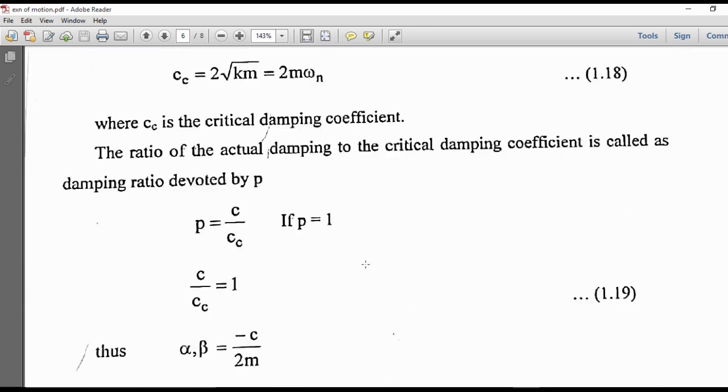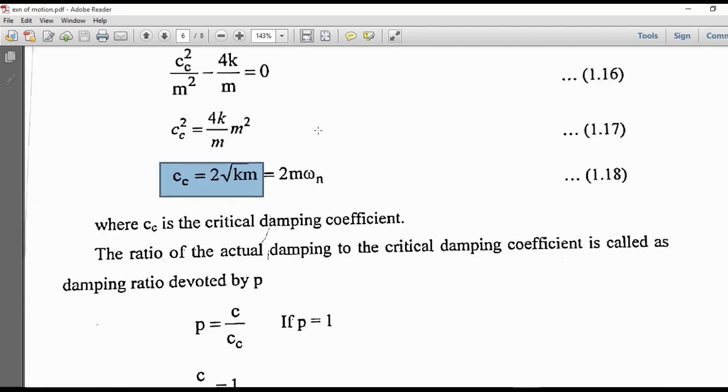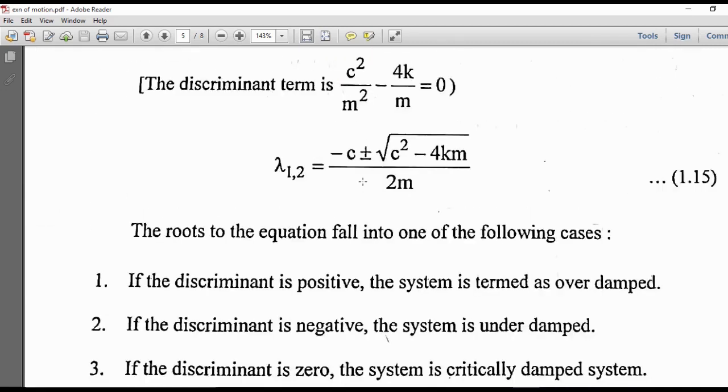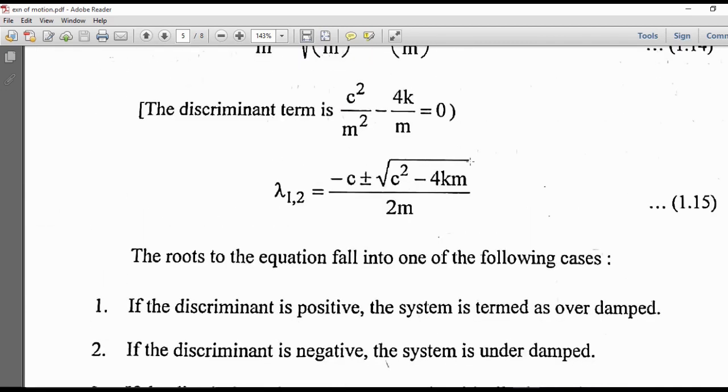Now, I can say C by Cc equals 1 because it's critically damped. So from that I know C equals Cc, and I know that Cc is equal to 2 root Km. So I am going to substitute that value over here. So I know that C is equal to Cc.